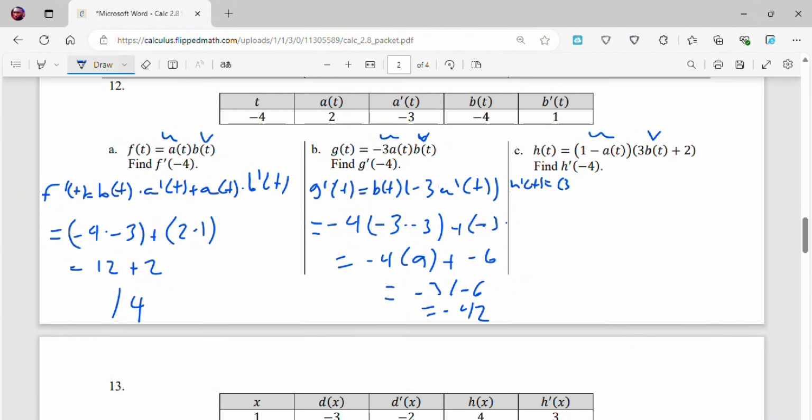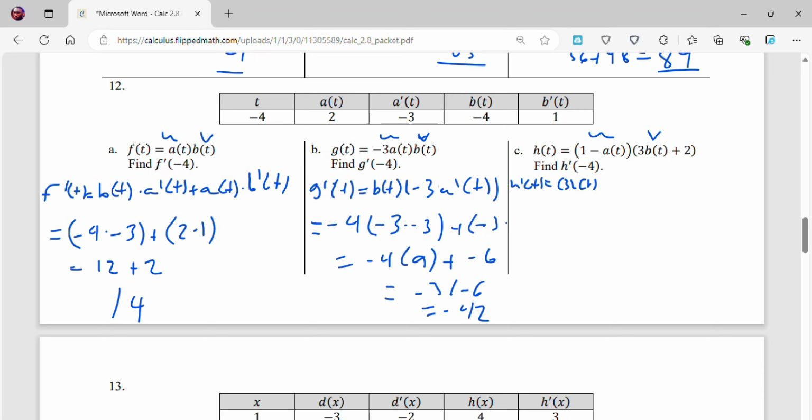So 3b of t plus 2 times u prime. That's sloppy. Okay, much better. Plus 1 minus a of t times 3b prime of t, right? Okay.